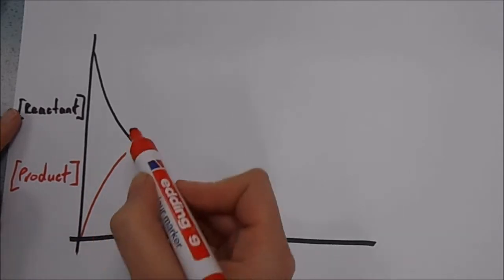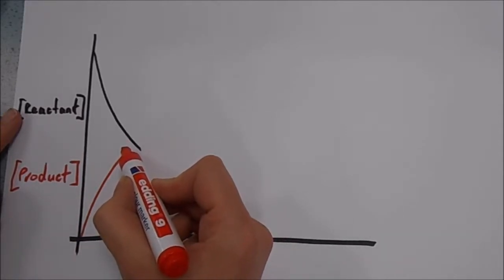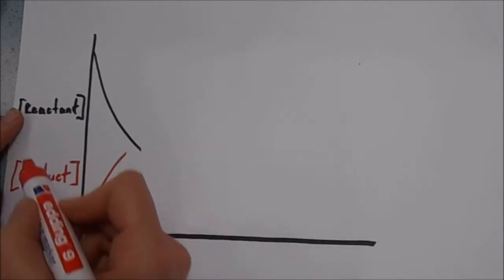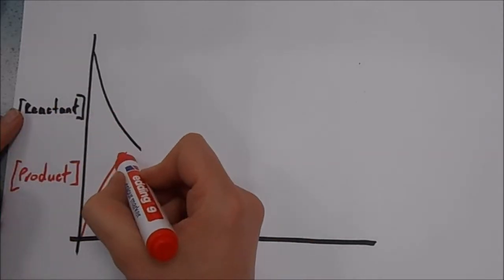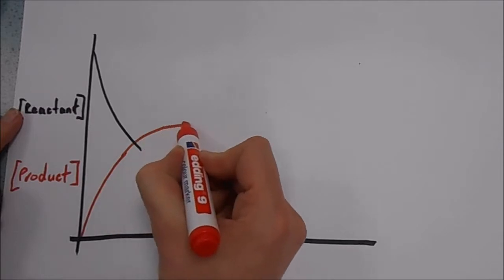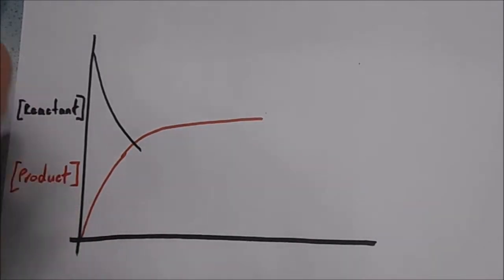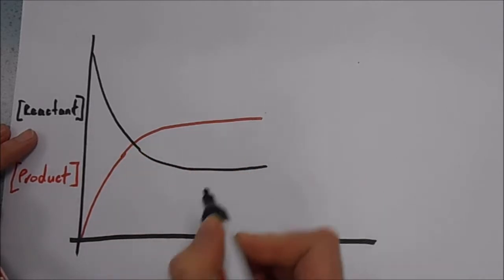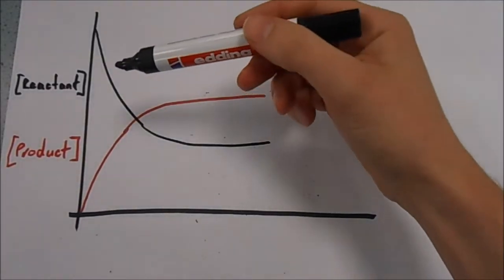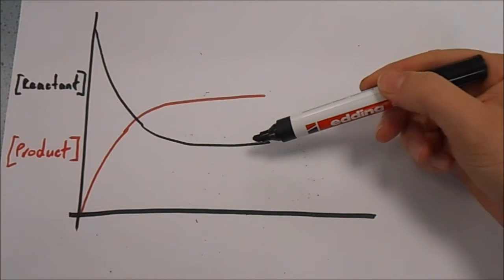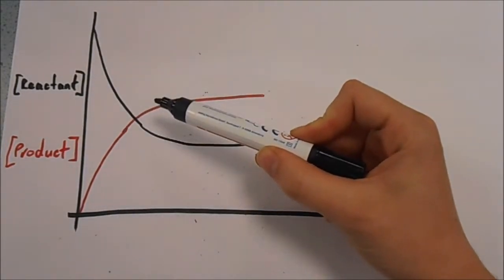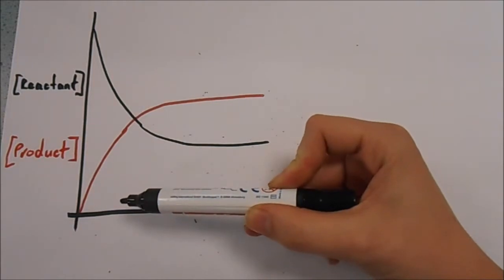But actually you'll get to a stage where the product starts being used up to reverse the reaction and make the reactant again. So what we find is that instead of all of the product being formed, and instead of all the reactant being used up, we end up with a situation where not all of the reactant is used up, because the product which is made turns back into the reactant.